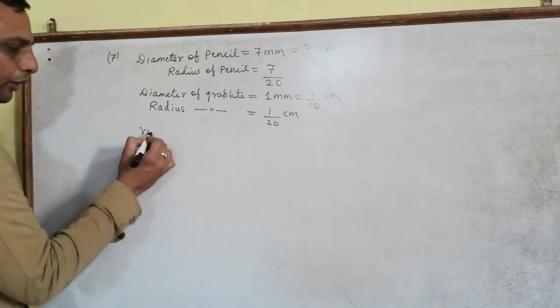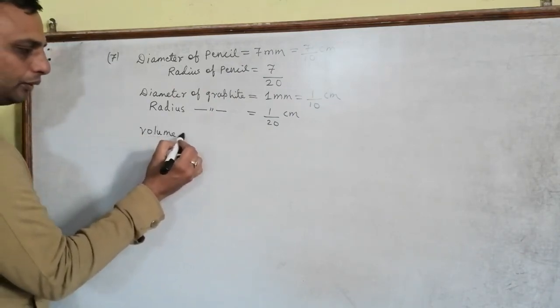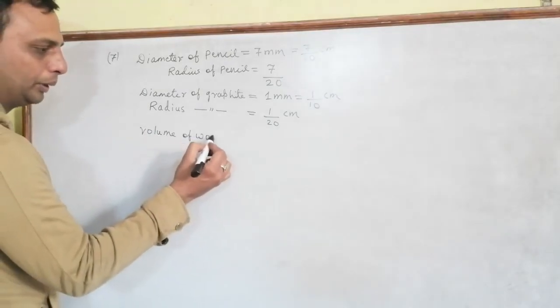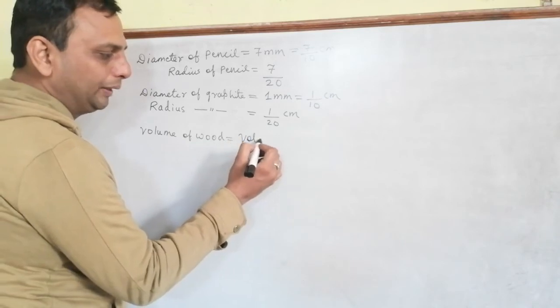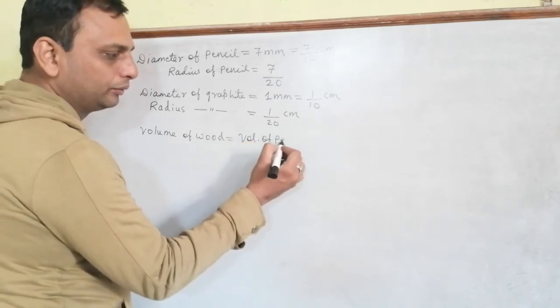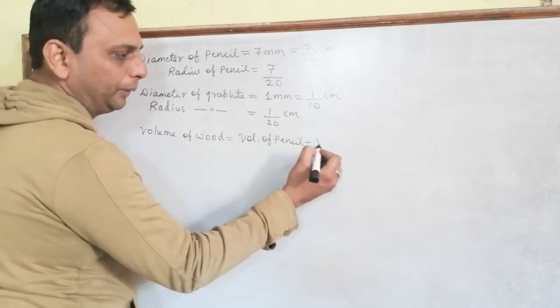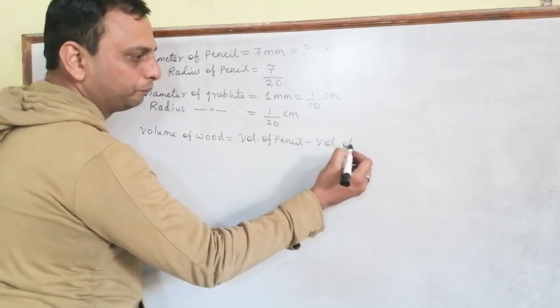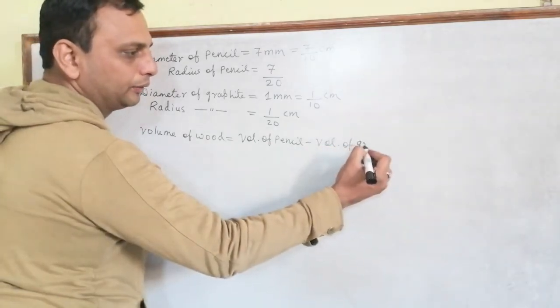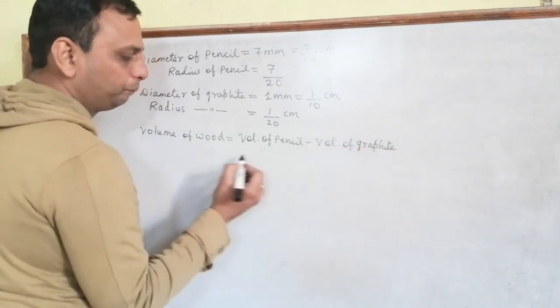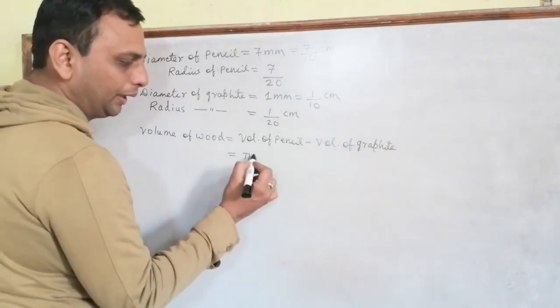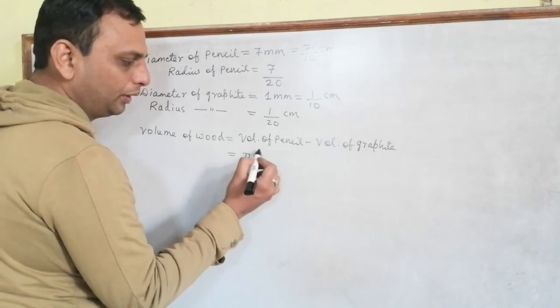So volume of the wood will be equal to volume of pencil minus volume of the graphite. Pi r square h.